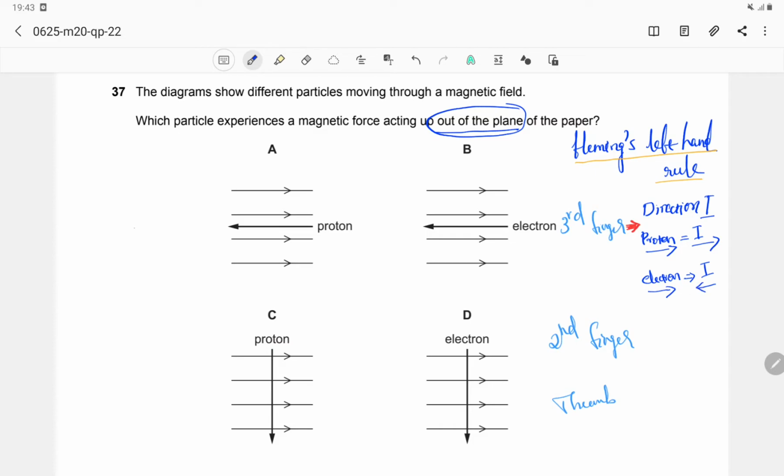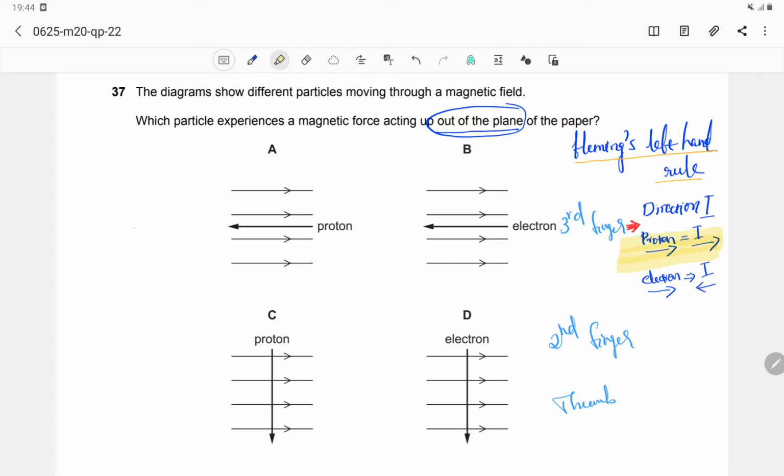This is very important because the third finger should point in the same direction as the current. If the charged particle is a positive particle like a proton, then you should point the third finger in the same direction as the proton.